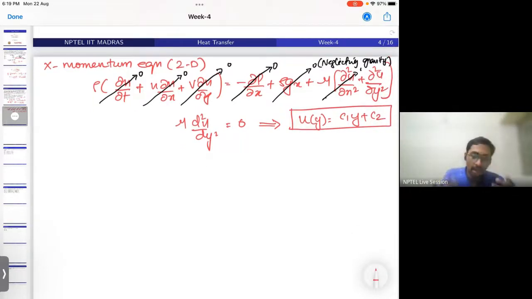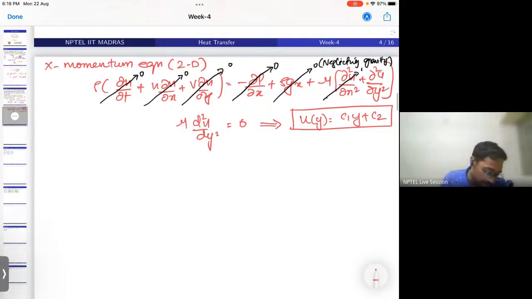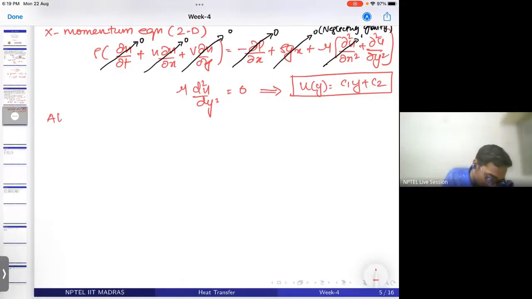So now we are applying the boundary conditions. Right. At y is equal to 0, what is u? The plate is stationary, so u is 0. So C2 becomes 0. At y is equal to L, u is equal to V. Okay.